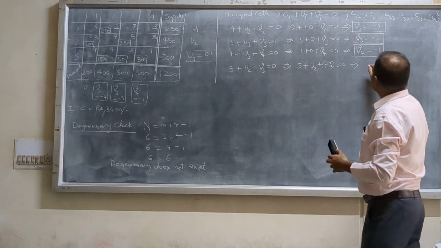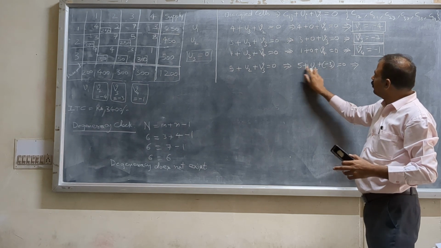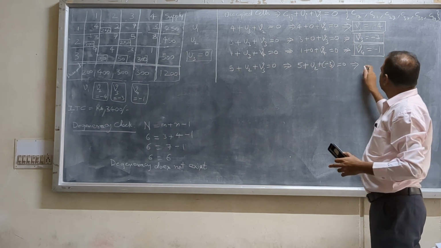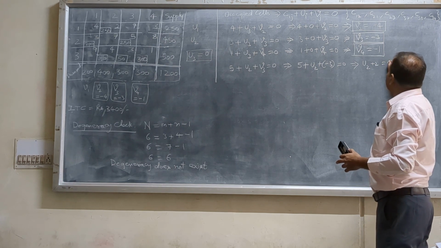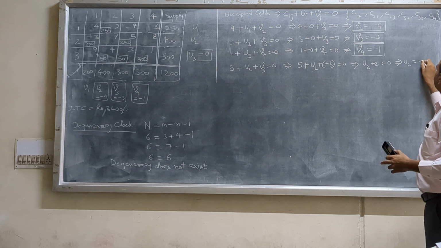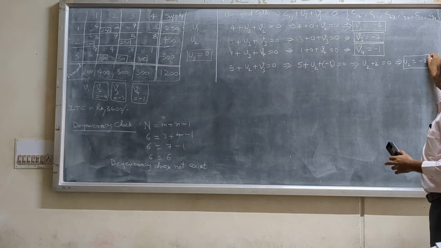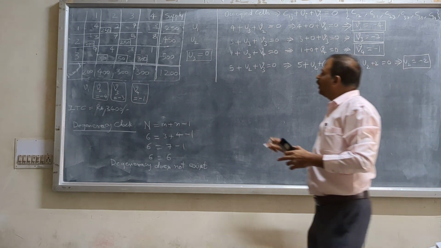So it is 5 minus 3, so it is actually U2 plus 2 equal to 0. This implies U2 is equal to minus 2. Correct me? Yes. So you know the value of U2.